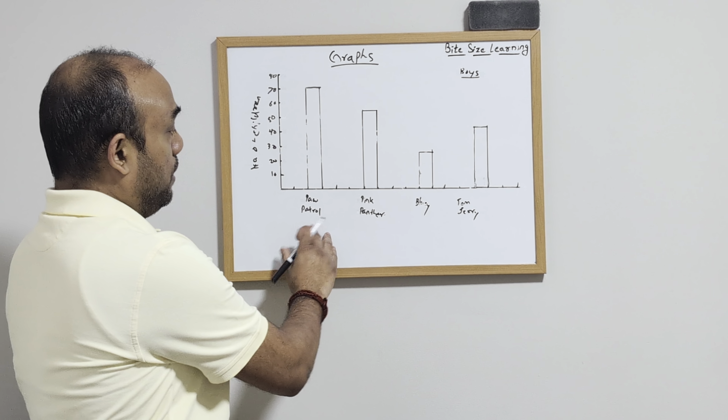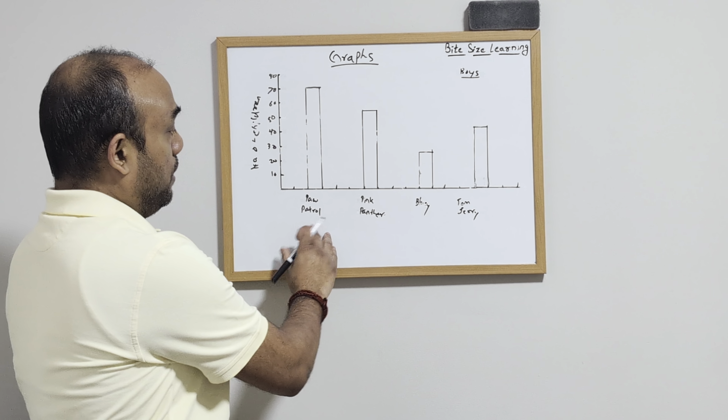So we are talking about the boys here. We have 70 boys watching Paw Patrol, 55 boys watching Pink Panther, 30 boys watching Bluey, and 45 boys watching Tom and Jerry.